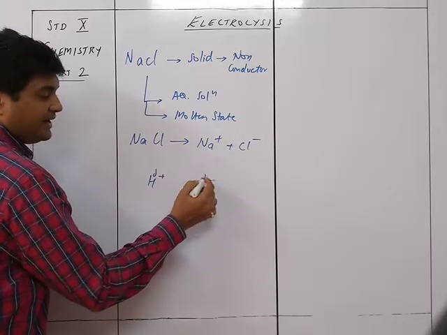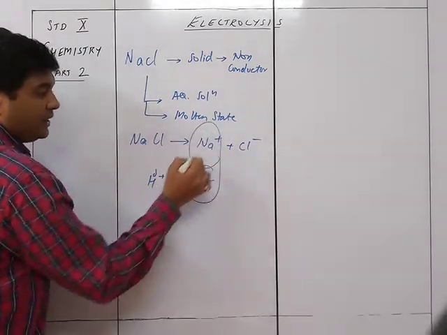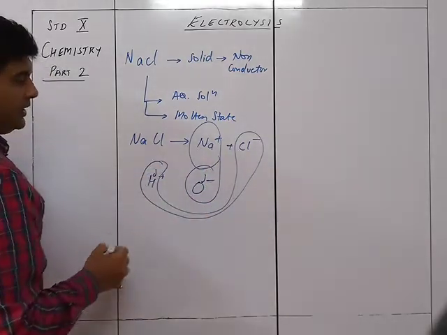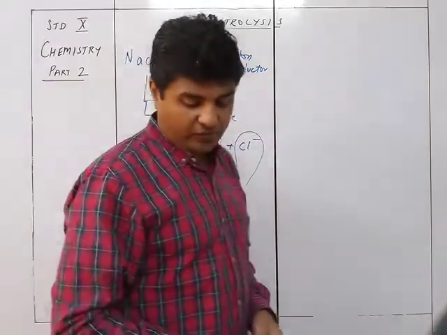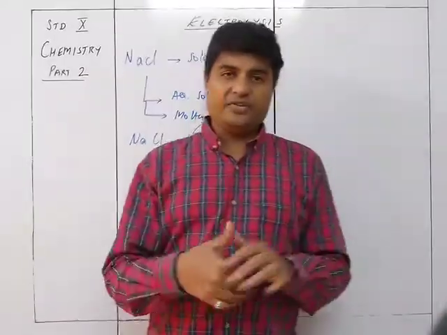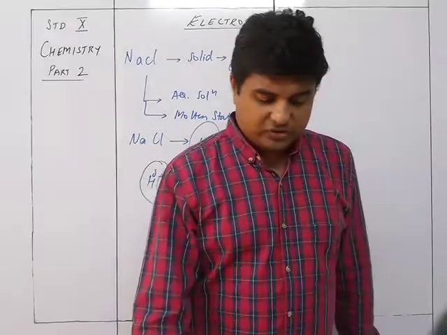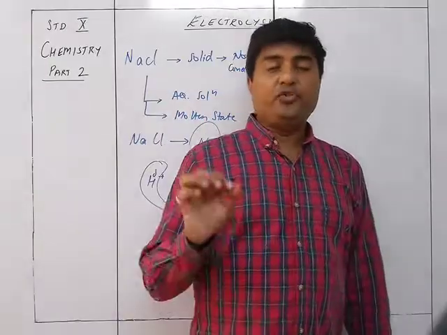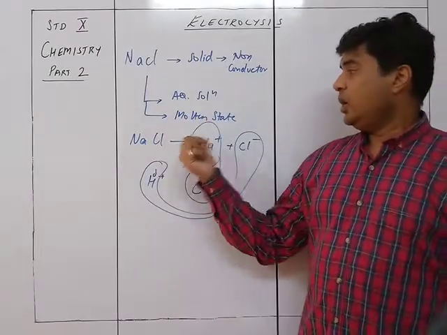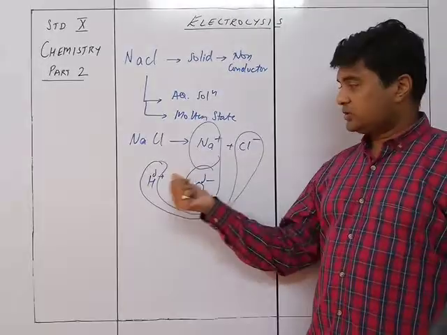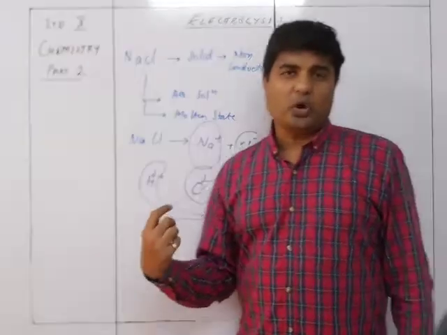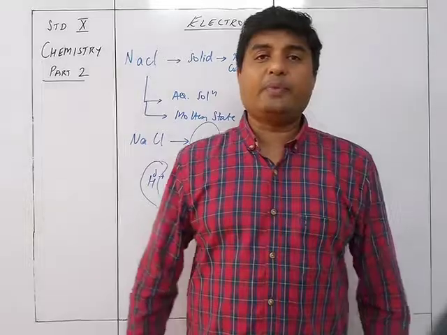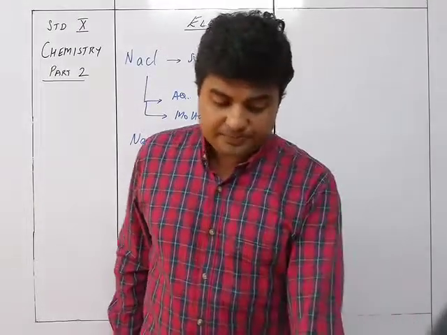This differentially negative oxygen is going to attract the Na, and the differentially positive hydrogen is going to attract the chloride, and accordingly we will have this kind of separation of the ions. So that's why the dissociation is going to take place either in the fused state when it is heated like this, or because water being a polar solvent forms ions. This is how the dissociation takes place in the case of NaCl.